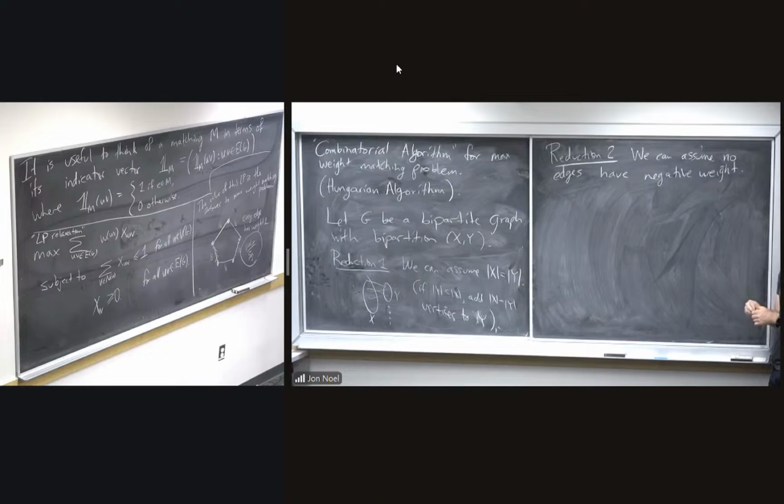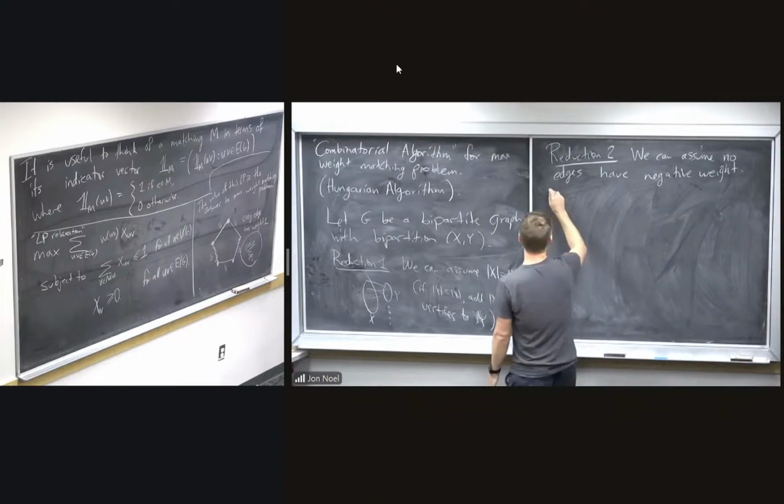If you were doing a perfect matching problem, that would be a different story, since you're forcing them to take a certain number of edges. But if I allow myself to not take any edges, and there was an edge of negative weight, could the best matching have that edge? No, because you would just take it out and you'd still have a matching, and it would go higher, right?